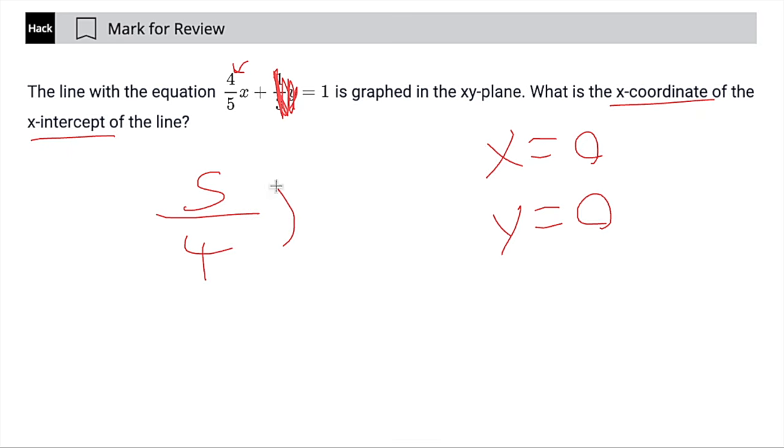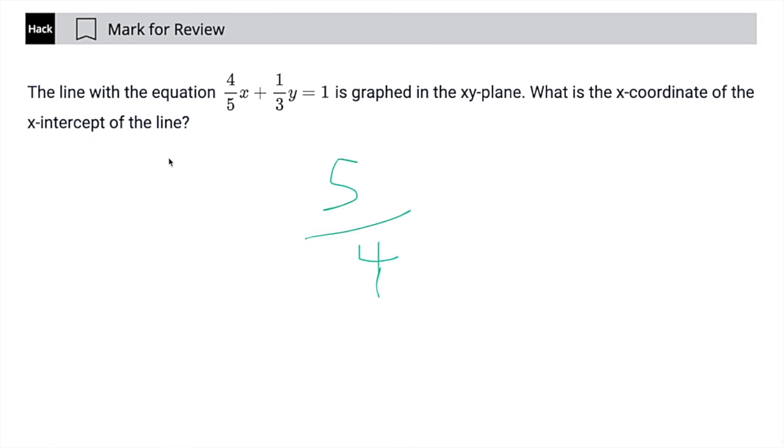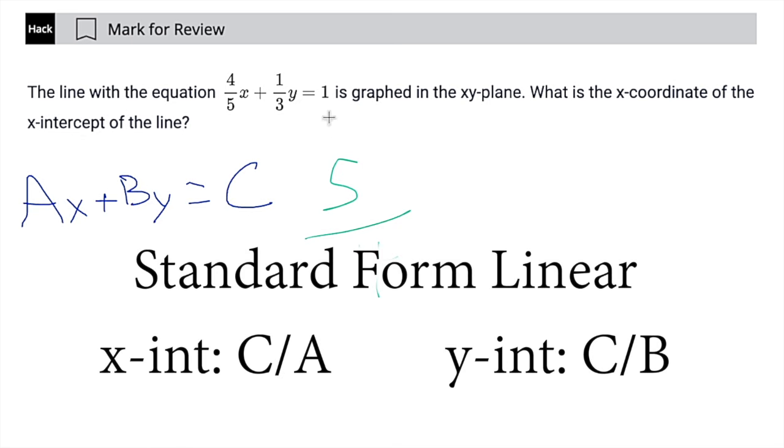So x equals 5/4, and we've got our answer pretty quickly. This is why in standard form being ax plus by equals c, we can get our x-intercept using c over a, so in this case 1 over 4/5, which is what we did, or c over b for the y-intercept.